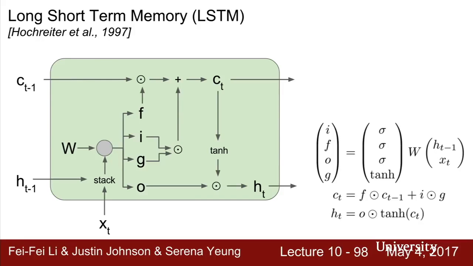Here I've left out the nonlinearities because we saw those on the previous slide. Now the forget gate multiplies element-wise with the cell state. The input and gate gates are multiplied element-wise and added to the cell state, and that gives us our next cell state. The next cell state gets squashed through a tanh and multiplied element-wise with the output gate to produce our next hidden state.